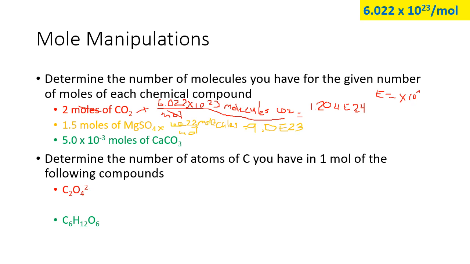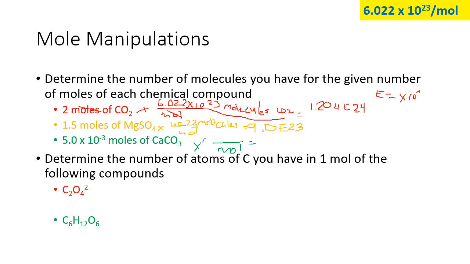All right, so finally, what if we start with a really tiny number of moles? Well, not really tiny, but a tinier number of moles, 5 times 10 to the negative third. Turns out with dimensional analysis, we basically just do the same thing we've been doing, but we should expect a smaller number.